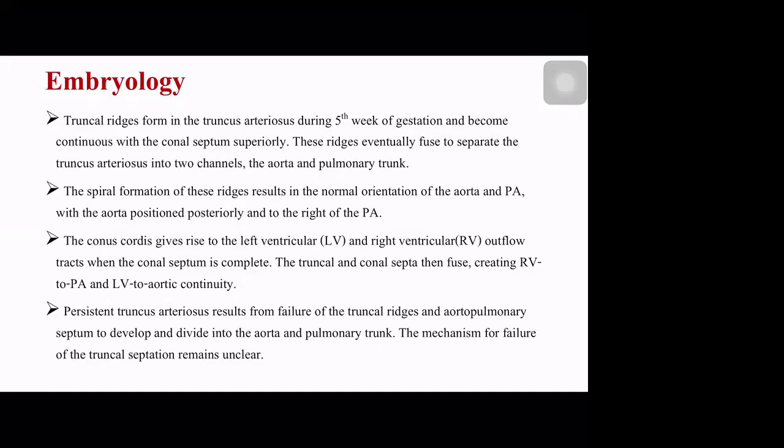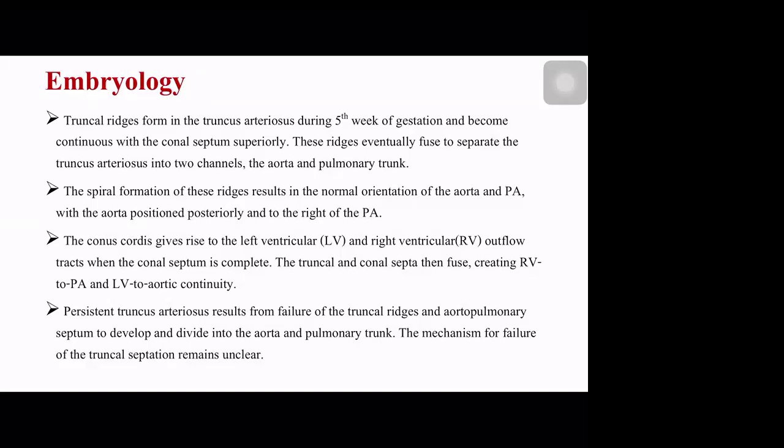Now within this common vessel, there is formation of truncal ridges from the wall of the truncus arteriosus during the 5th week of gestation, and gradually these truncal ridges become continuous with the conal septum, which is going superiorly. These ridges eventually fuse with each other to separate the truncus arteriosus into two channels, the aorta and main pulmonary artery.